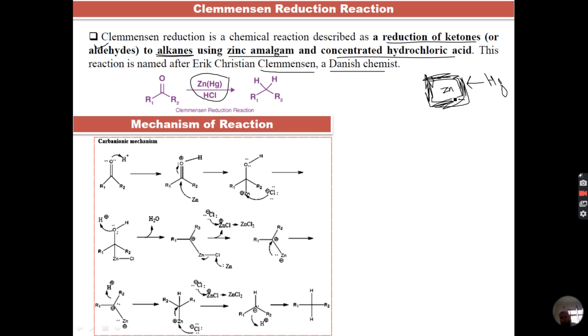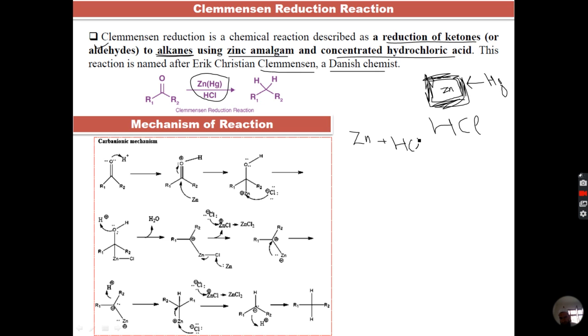This is your mercury, Hg. Now in presence of concentrated HCl, hydrochloric acid, we know HCl gives H positive ions and chloride ions, and since zinc is highly electropositive, zinc can react with HCl.